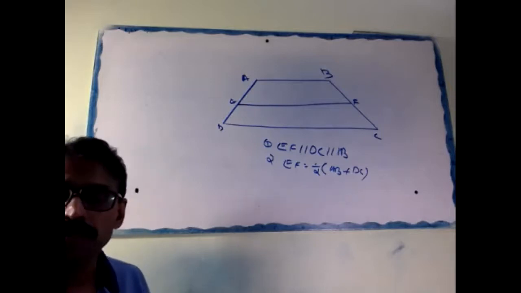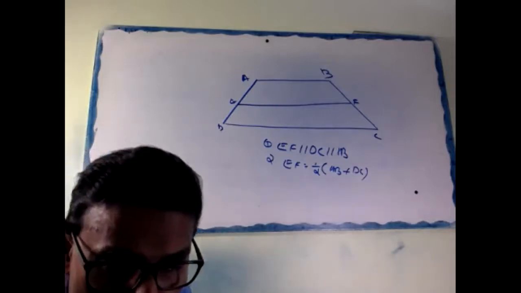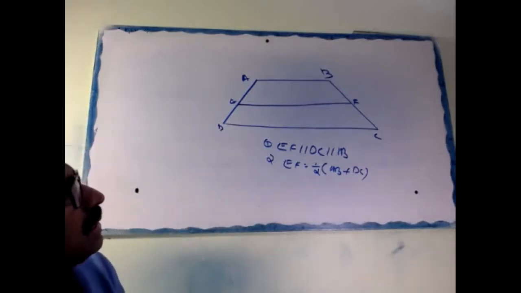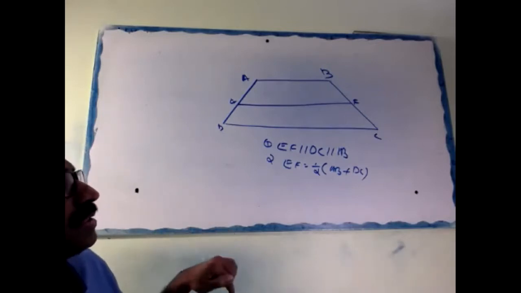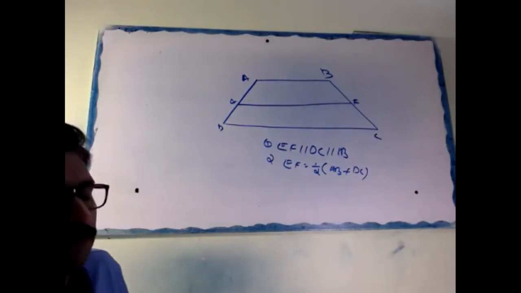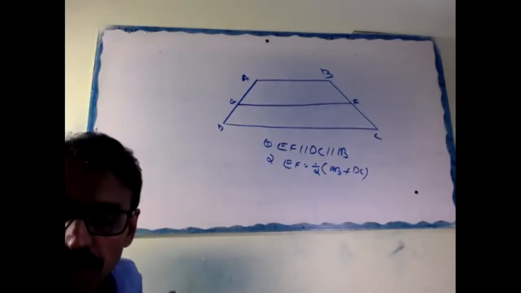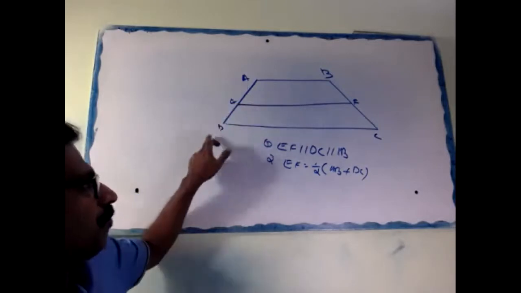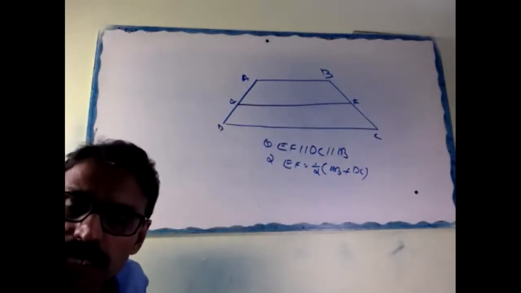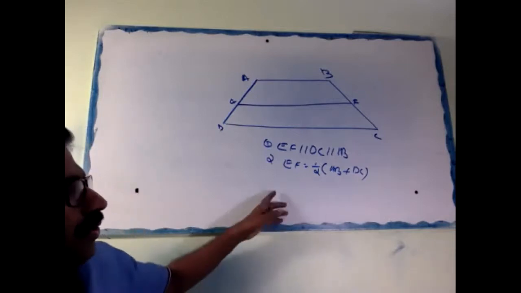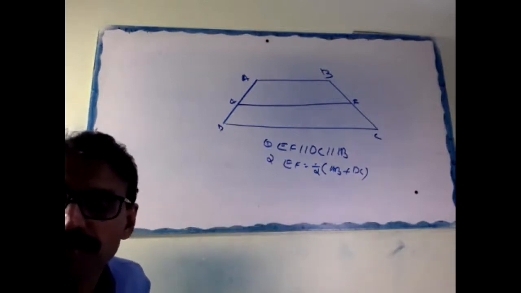Now look at the question here. We didn't do this question. We did the previous question: E is the midpoint of AD, show that F is the midpoint of BC, and EF equal to half of AB plus DC. This is different.